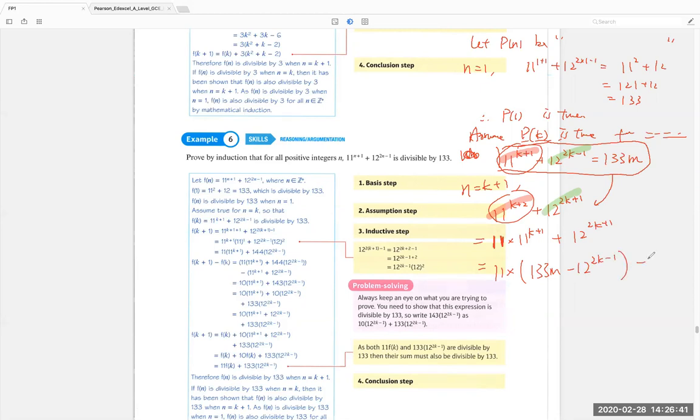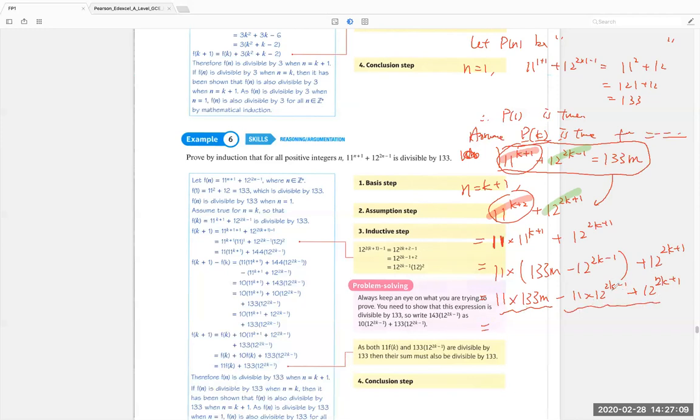Okay? And then you get 11 times 133m and then minus 11 times this. So this one already has a factor 133. And then you just need to see how you can get 133 from these terms.